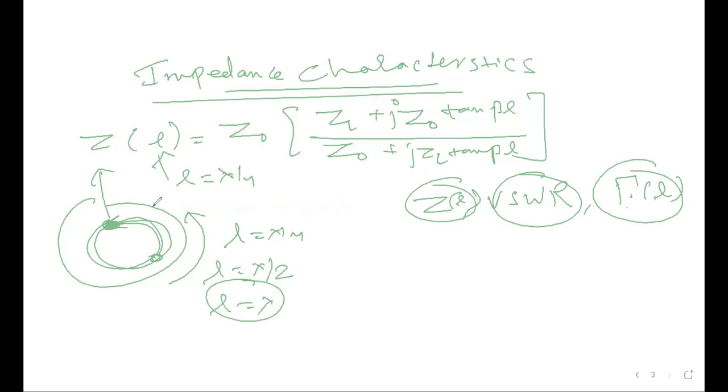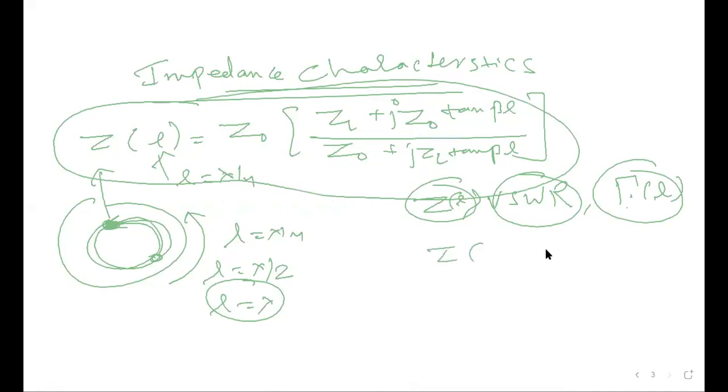But for the time being, we will have to do it mathematically. We will not use the chart now. There are two ways. Either you can find it from this equation: put the value of length and get your impedance and your VSWR. If you know Z of L, you have already derived the equations.